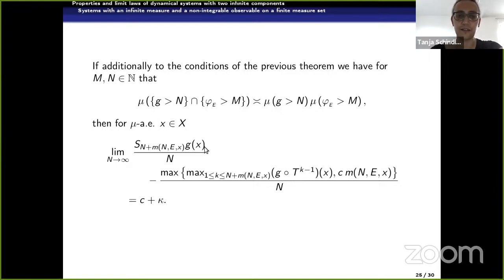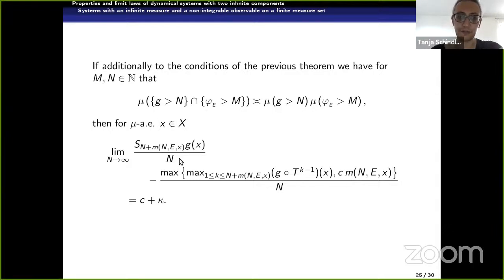We look at this extended Birkhoff sum, but now we only have to remove the maximum term of the largest value and c times this number m.